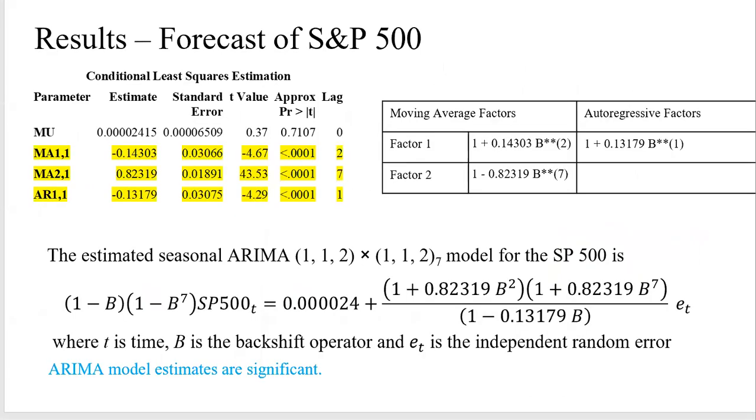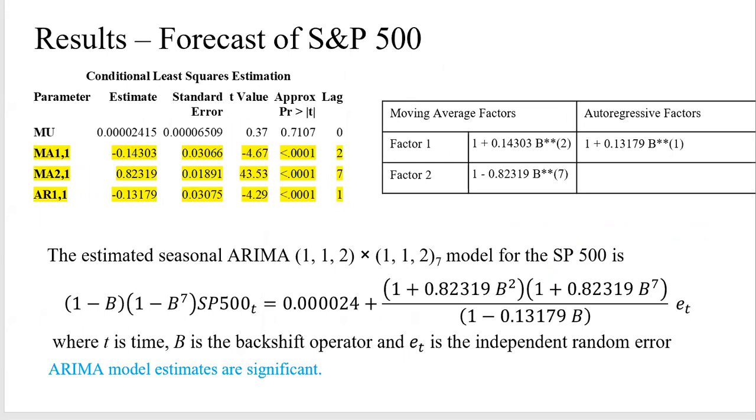This slide shows the forecast of the S&P 500 index using the ARIMA 112 by 1127 model. The selection of this model was based on the tests that we did in the earlier slide. The conditional least squares estimation shows that the ARIMA model parameter estimates are significant at the 1% level, or the p-values are less than 0.01.